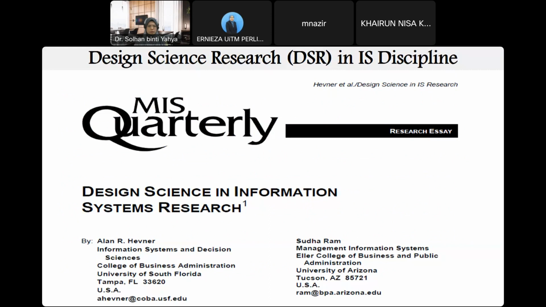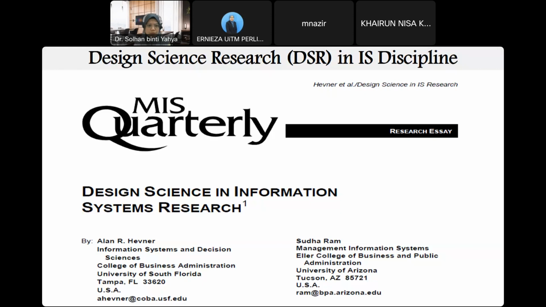In 2007, if I'm not mistaken, the design science movement was brought into the information system field. I assume that among us here, some are coming from the information system field. In 2007, Prof. Hevner published one article in MISQ.